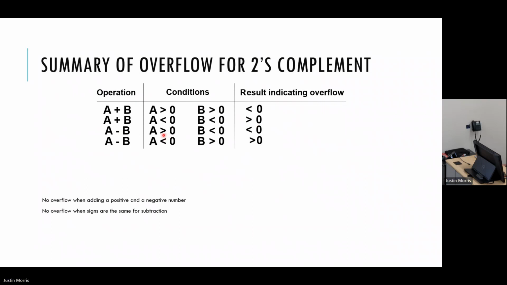Subtracting, A is positive, B is negative, and the result becomes negative, then I have overflow. If A is negative, B is positive, and the result becomes positive, I have overflow.